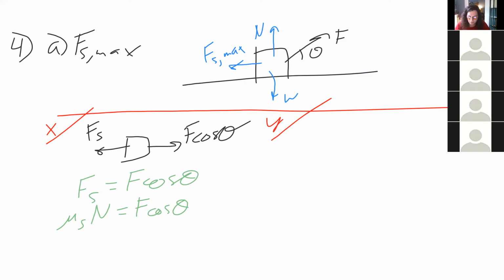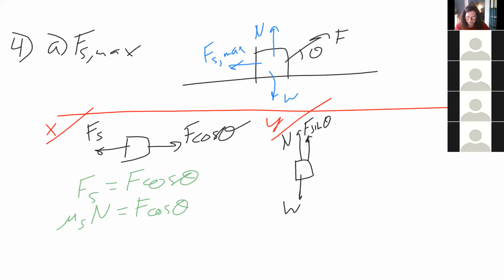So of course, we're going to need to find the normal force from the y side. In the y, we have our normal force applied upward, a weight applied downward, and also upward is a component of our applied force. If we have cosine for the x, this will be F sine theta.